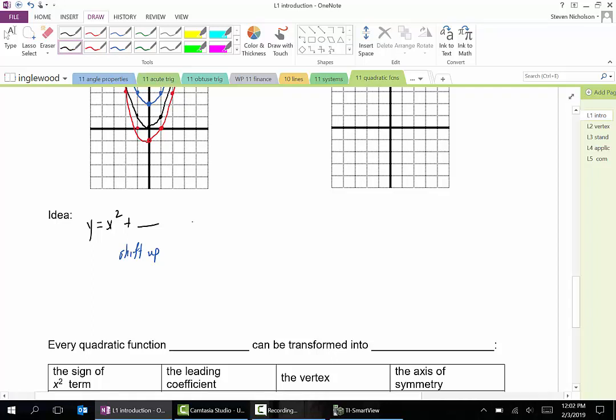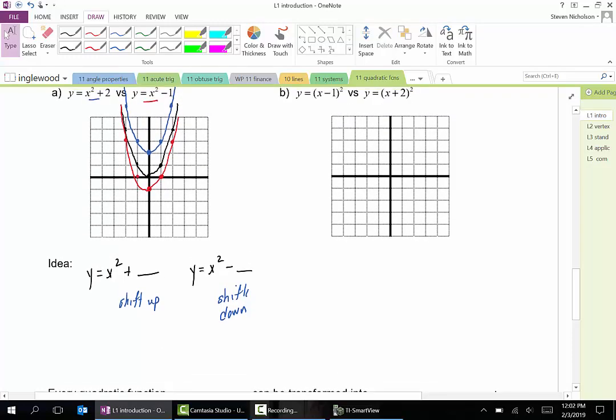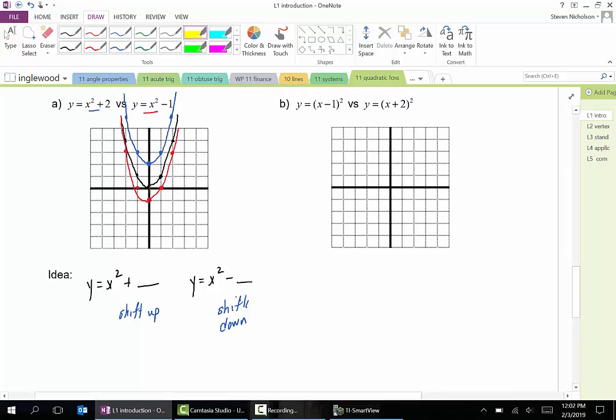When you have y equals plain old x squared minus a number, that shifts down whatever that number is. Everything shifts down. For example, in the red one, the parabola goes down by 1, and everything goes down exactly the same.